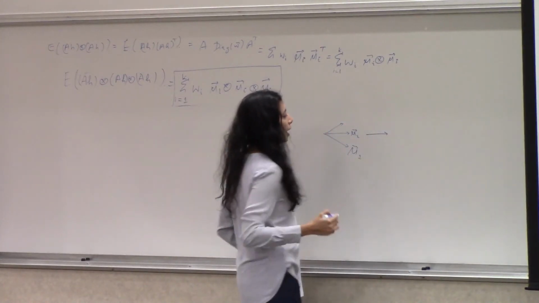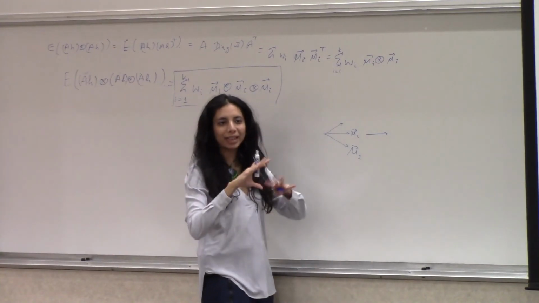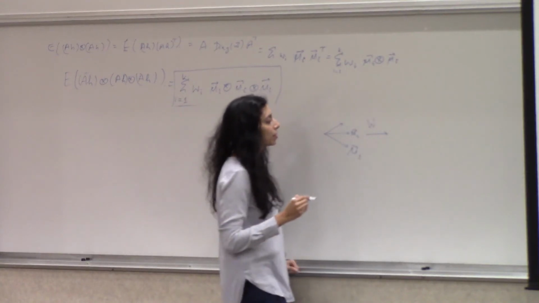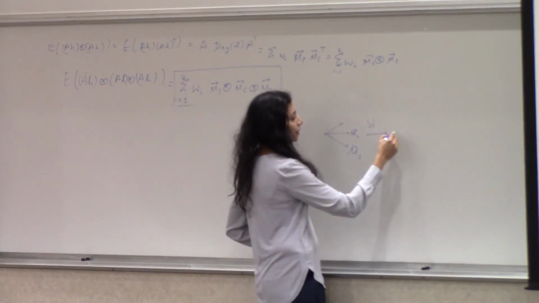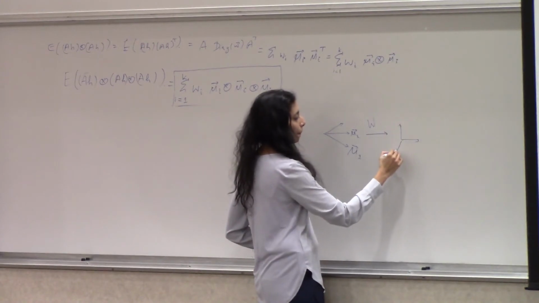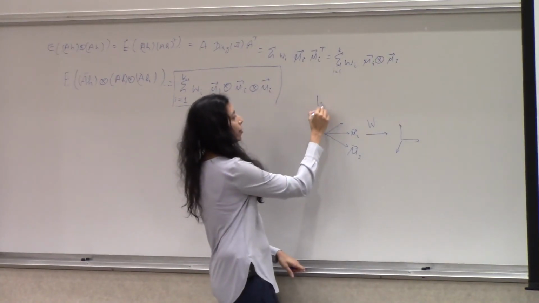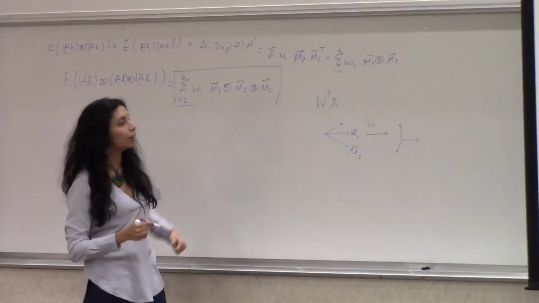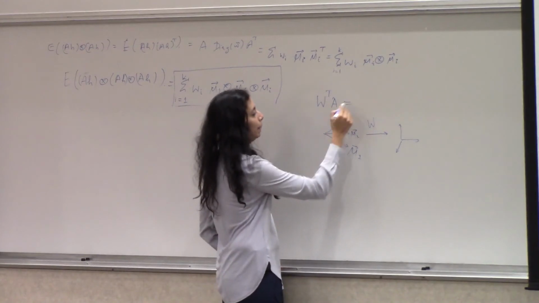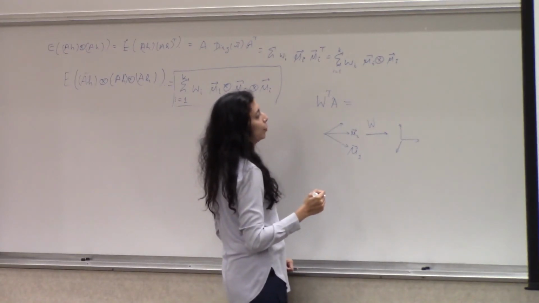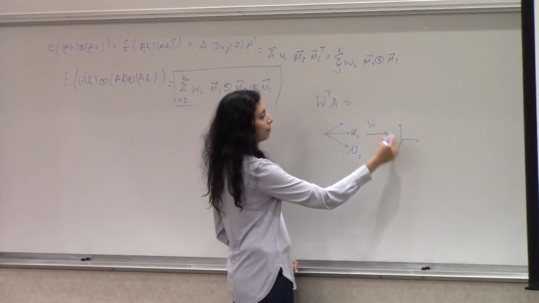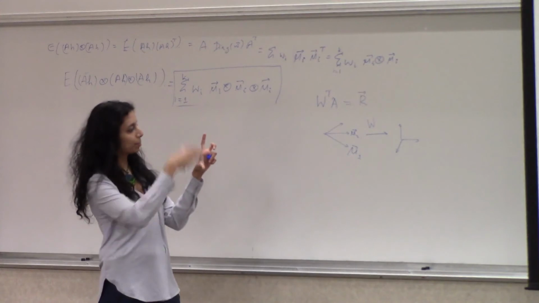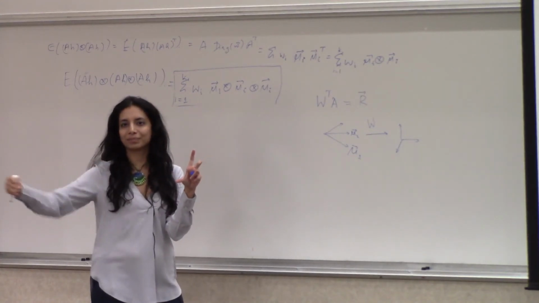So instead, I want to rotate the system. I want to do a linear transformation on the system, let's say with this matrix W, such that the resulting system will be orthogonal. So let's say W transpose A. Remember, A was my original matrix that had these mu i's. This should be a rotation, which we'll call R, a rotation matrix, meaning this is a set of orthogonal vectors.